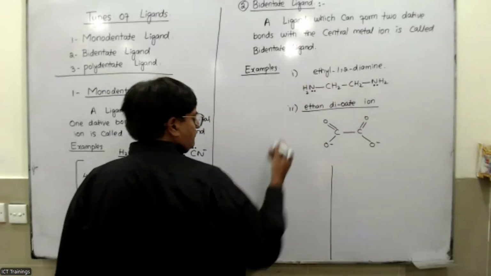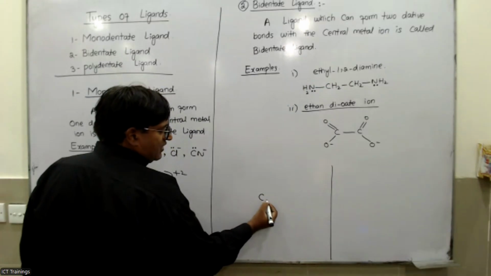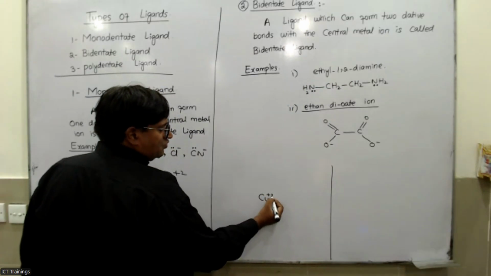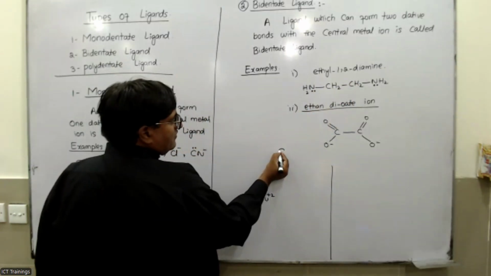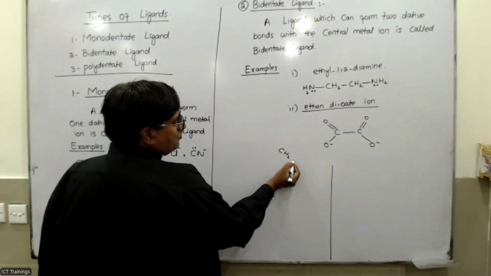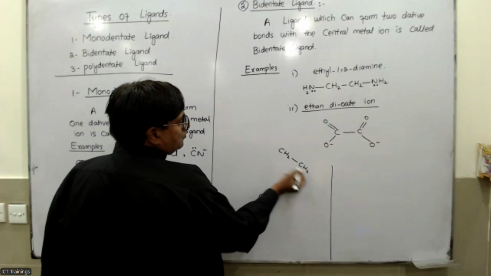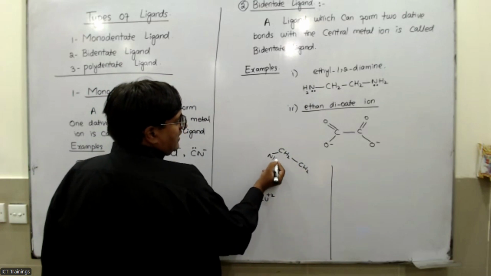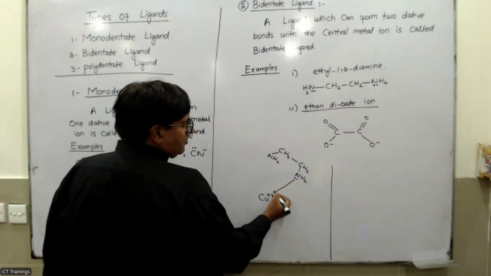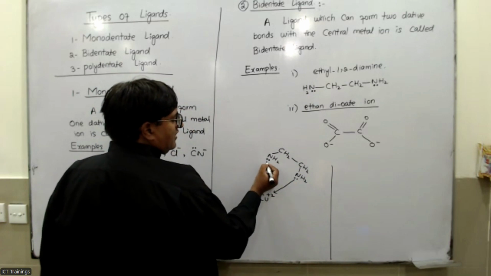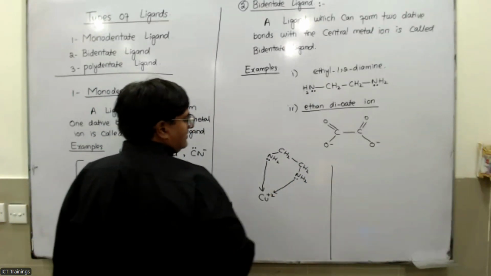I'm going to make first of all for this one. If you look up here, copper is +2. So this is ethyl 1,2-diamine. Everybody just look up here, CH2, CH2. So this one has NH2, NH2. This nitrogen can form a dative bond, and this nitrogen can form a dative bond, like that.